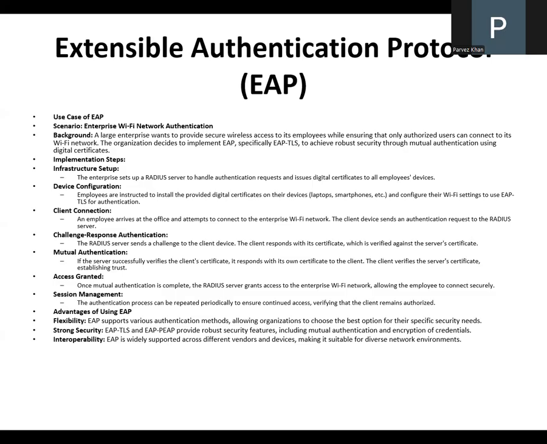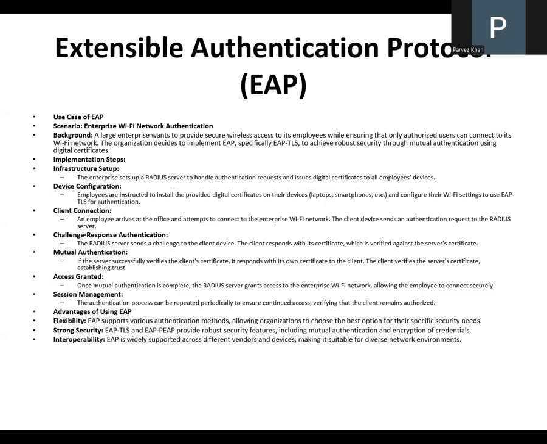Once I install a certificate and get connected to the Wi-Fi, the Wi-Fi will ask for the certificate. The laptop will present the certificate. The RADIUS server will send a challenge to the client. The client will respond with the certificate, which is verified against the server certificate.